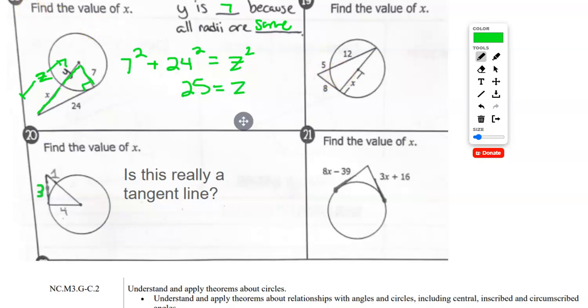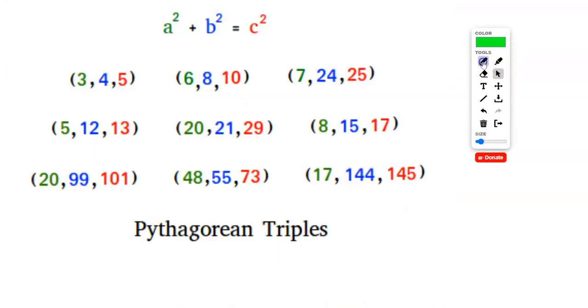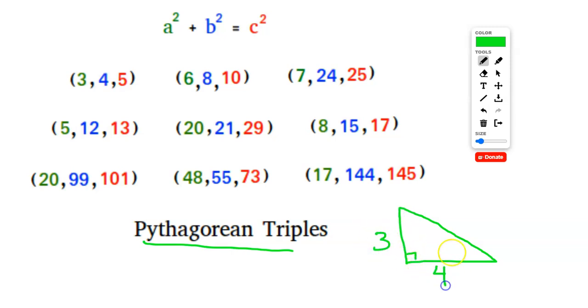Now, how exactly do I know that? So I actually know that because teaching geometry a lot, I'm very familiar with what's called Pythagorean triples. There's not very many combinations of whole number right triangles in the world. The most popular one, 3, 4, 5. If I double 3, 4, 5, 6, 8, 10 is another popular one. 7, 24, 25 is the one we were just using.